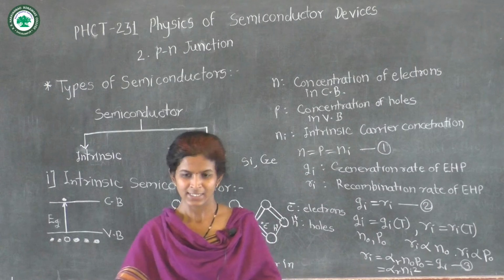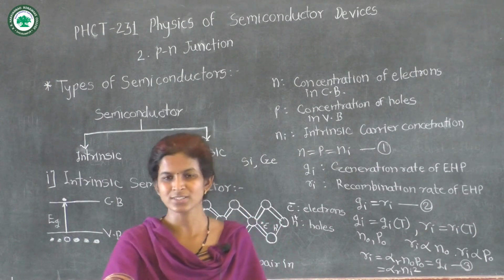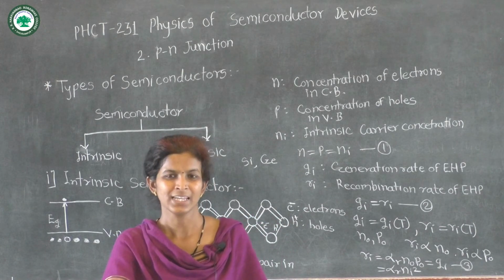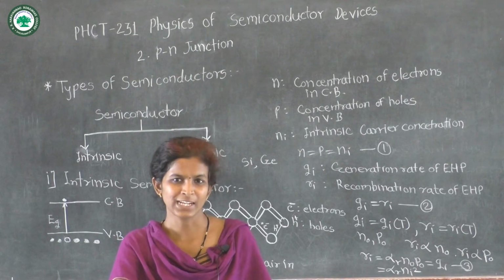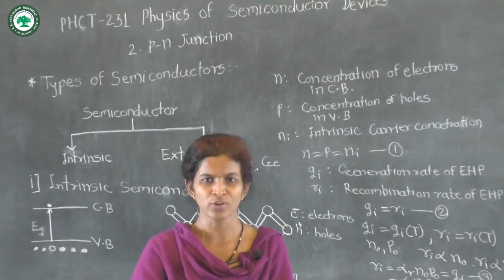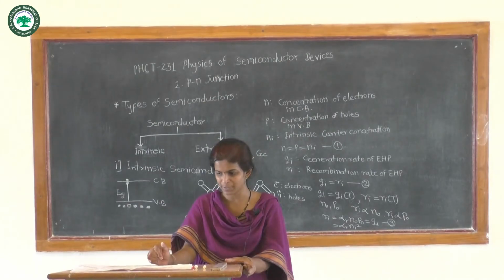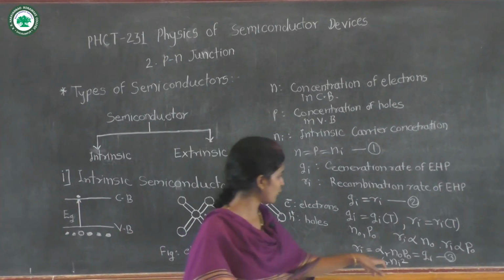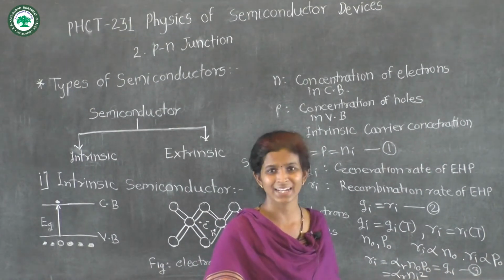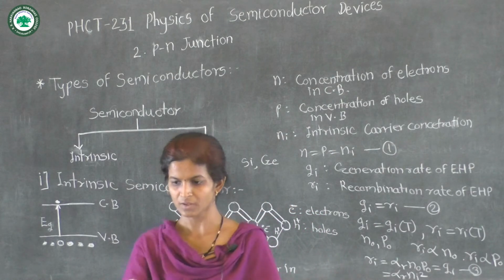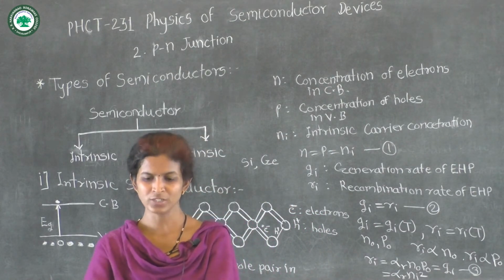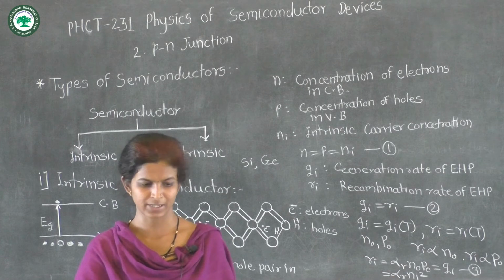As the intrinsic carrier concentration is nothing but the concentration of electrons as well as concentration of holes in intrinsic semiconductor, in place of N0 into P0, one may write Ni square. So this is all about intrinsic semiconductor.